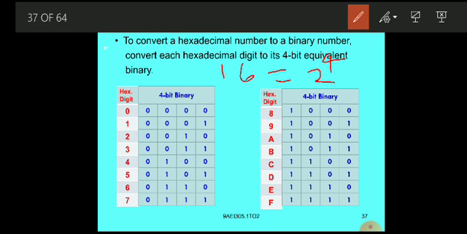So let us take the hexadecimal digit 0. What is the 4-bit equivalent? 0000.